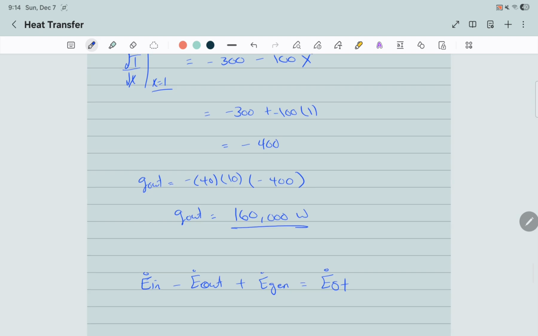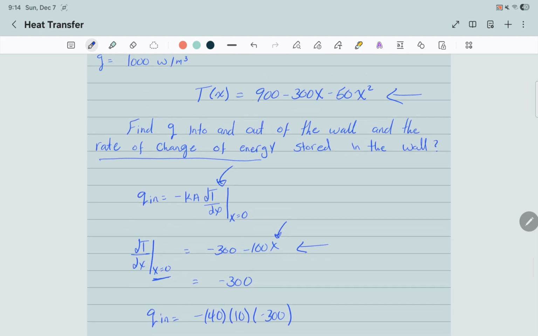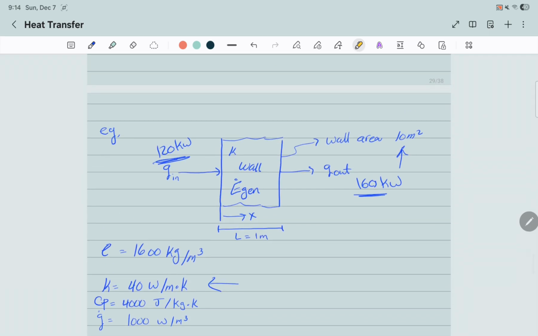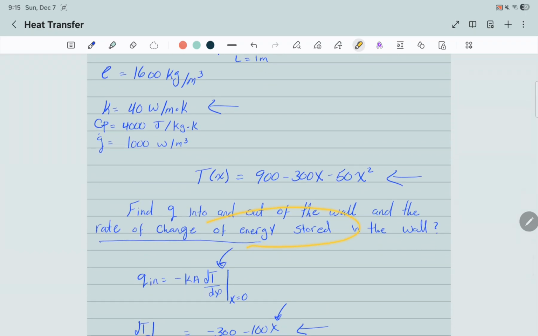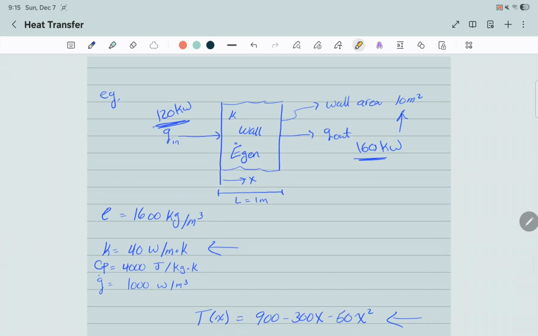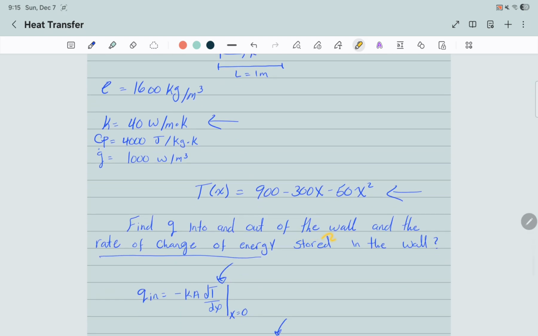Keep in mind that the question states it wants the rate of energy stored, and we figured out that energy is being generated because more energy is leaving than coming in. But if the question is written in a way that it's looking for the energy stored, we have to solve it that way. Looking at the numbers, it looks like there's no energy stored, but there is, as a matter of fact, energy being generated, but we're still going to solve it depending on the question statement.